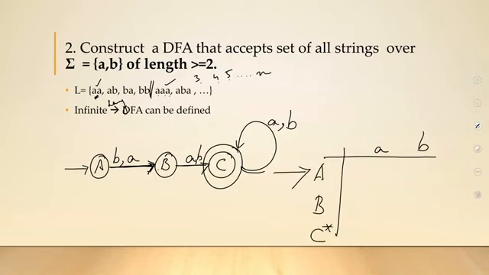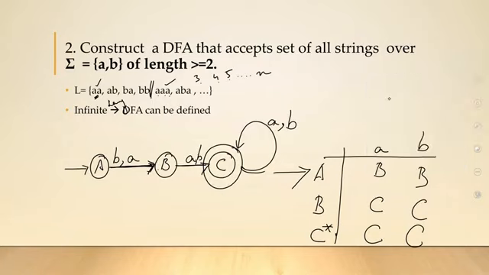A on small a, you will reach B. A on small b, you will reach B. B on small a, you will reach C. B on small b, you will reach C. C on small a, you will be reaching C itself. C on small b, you will be reaching C itself. So this is how you draw a simple automaton.